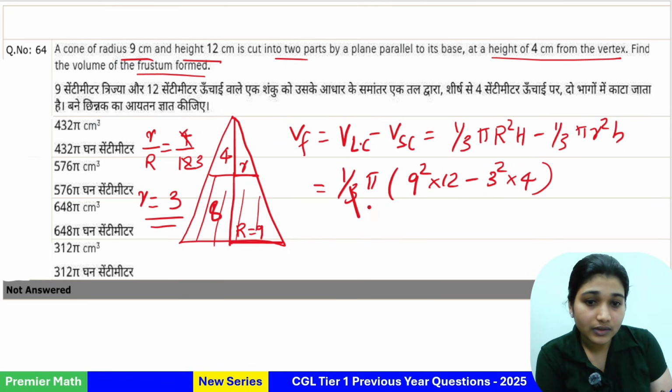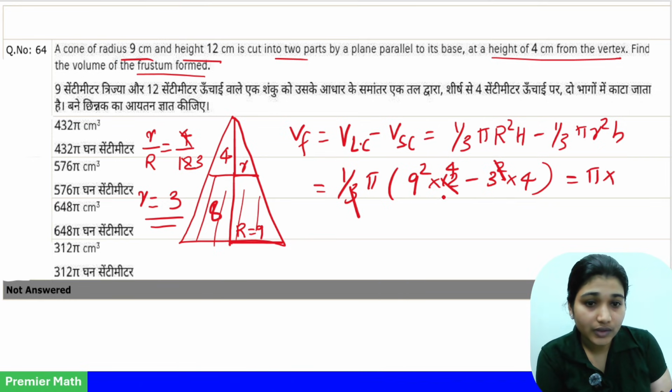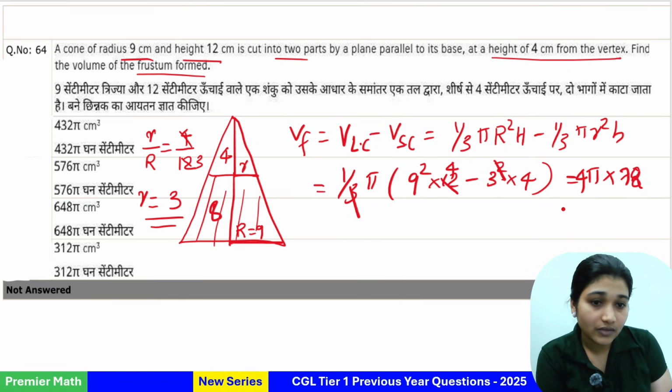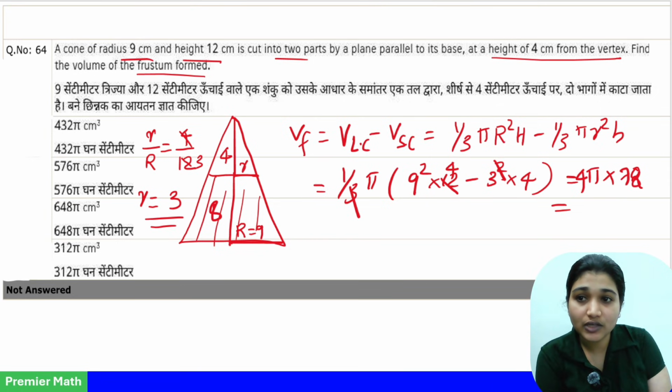Now the 3 cancels here with 12, 4 times, and here 3 cancels. So remaining is pi into, if you take 4 outside, 4 pi outside, the remaining is 81 minus 3, which is 78. So 4 pi into 78.